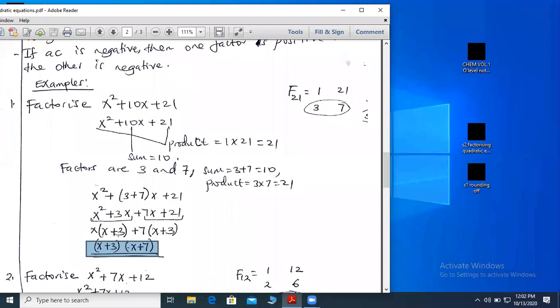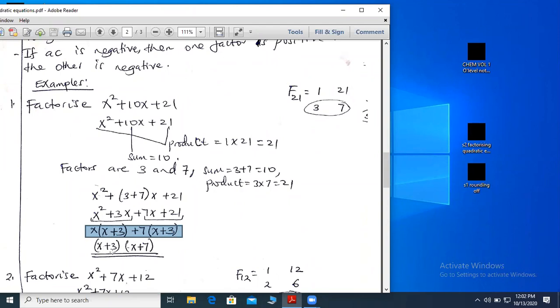I was saying, when you look at this second last part, you realize that there is a number appearing on both parts of the expression. Here there is x plus 3, and also here there is x plus 3. So the way we have been doing, x plus 3 becomes a common factor. So we pull it outside the bracket.